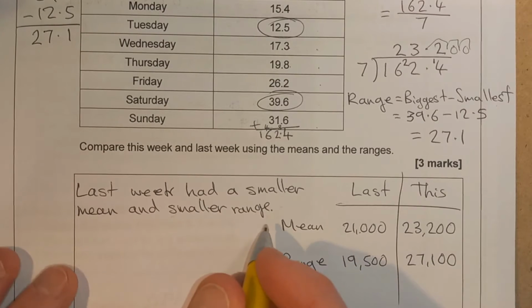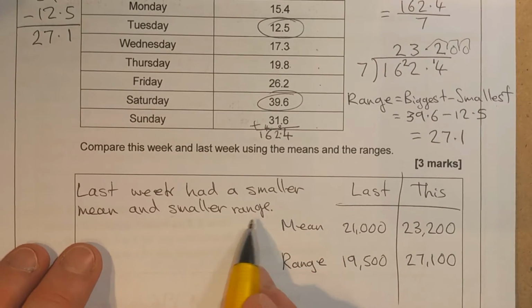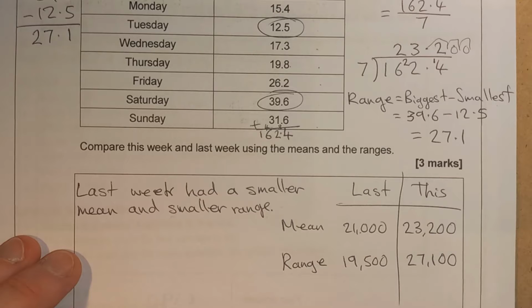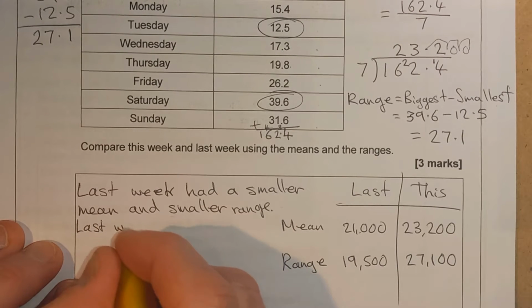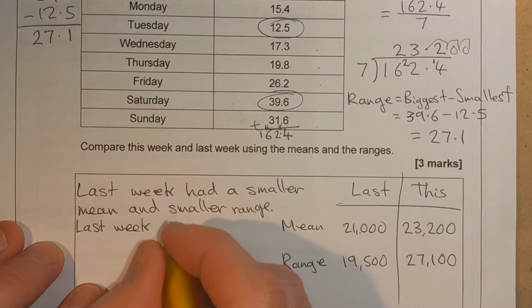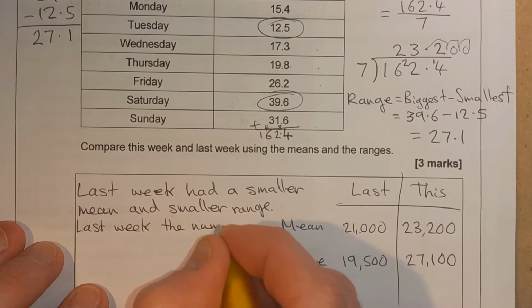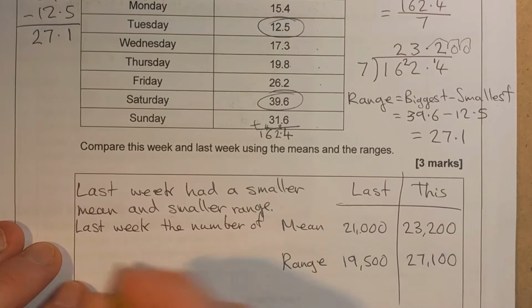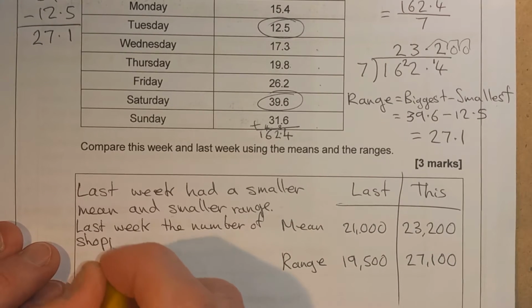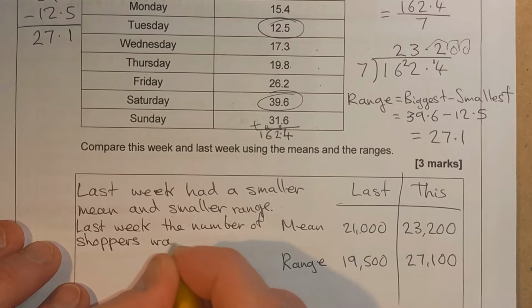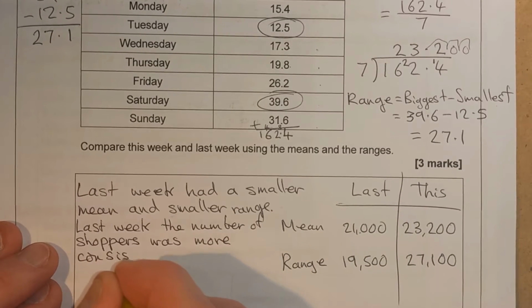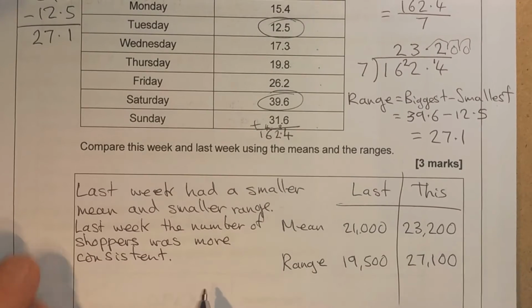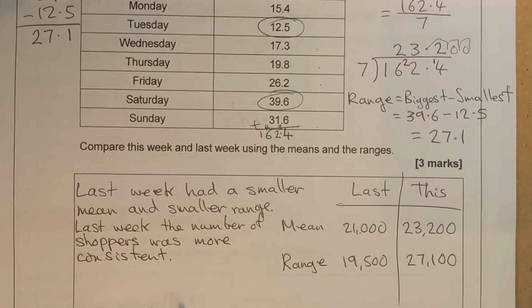It's sometimes good to say, when we're talking about range, rather than saying it's just smaller, we can also say last week the number of shoppers was more consistent. Yeah, so smaller range means it's more consistent, so there's less of a change in the numbers.